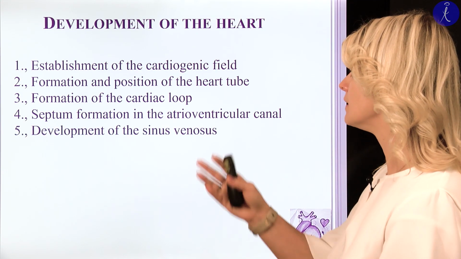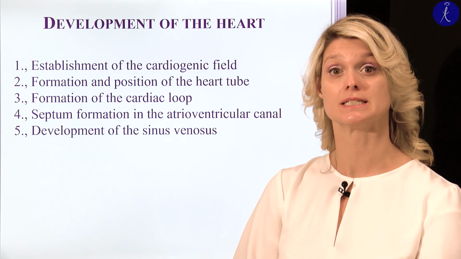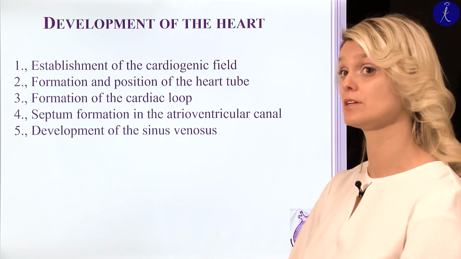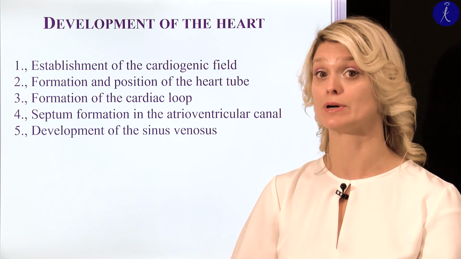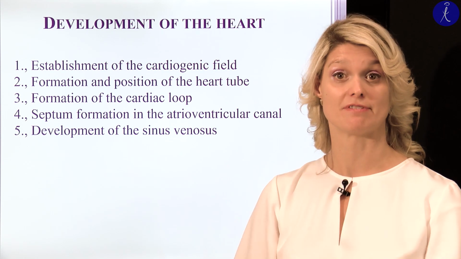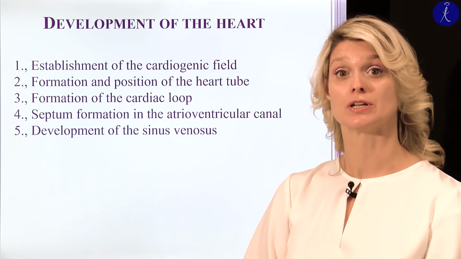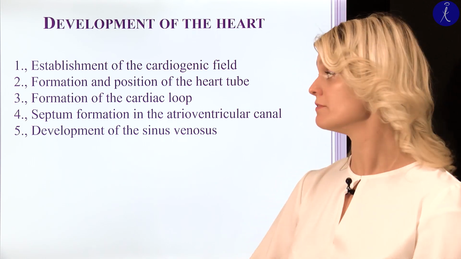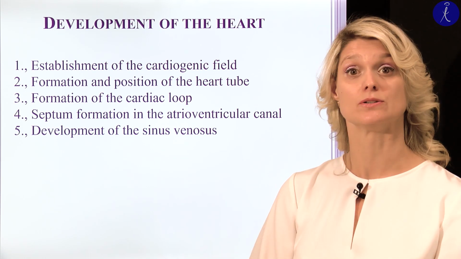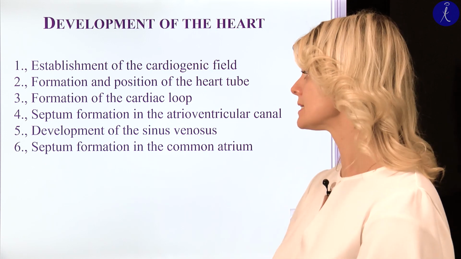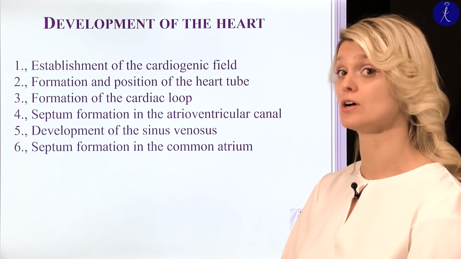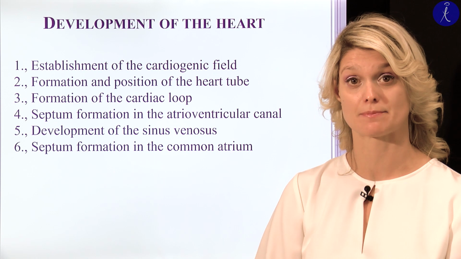So first we will see the development of the atrioventricular canal. As I told you, we will separate the atria and the ventricles, and after we will see the formation of the atria, the development of the sinus venosus and the formation of the interatrial septum.